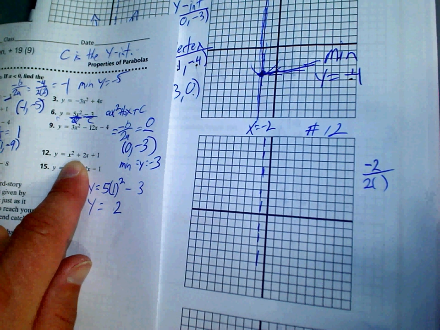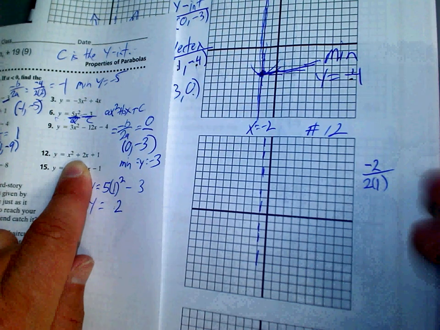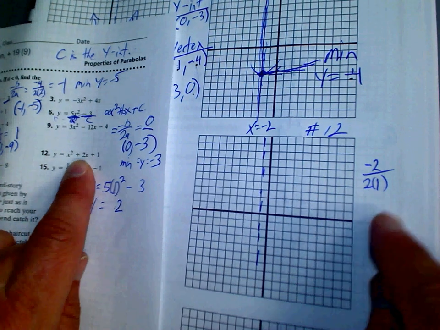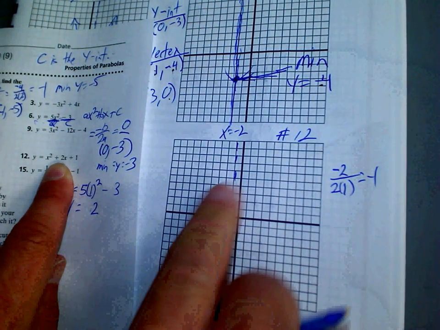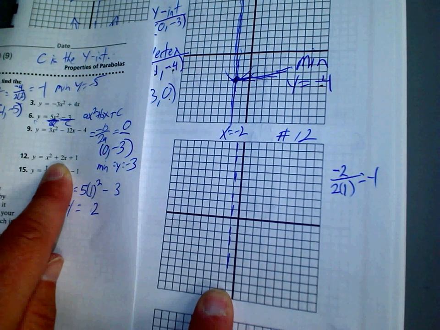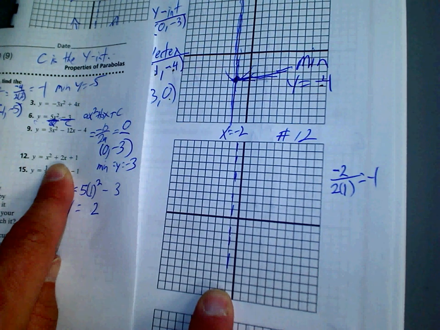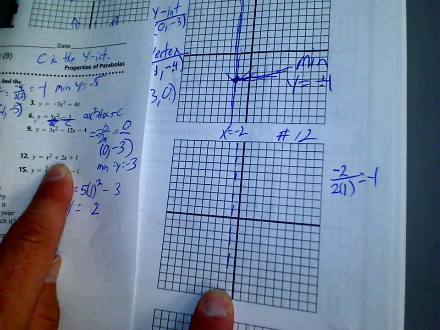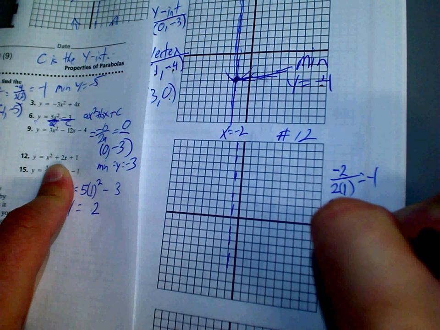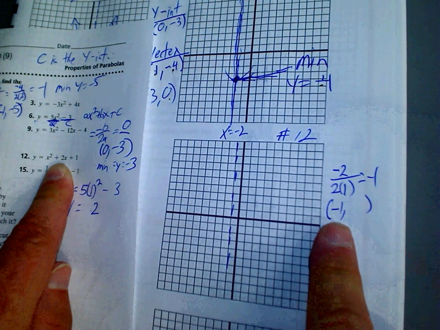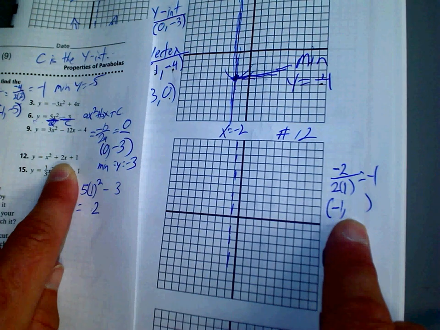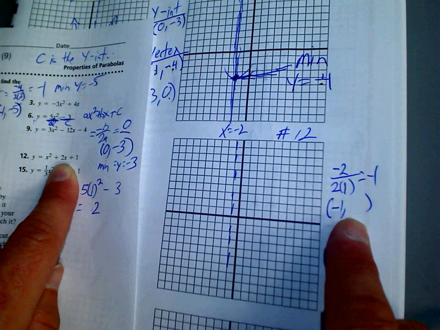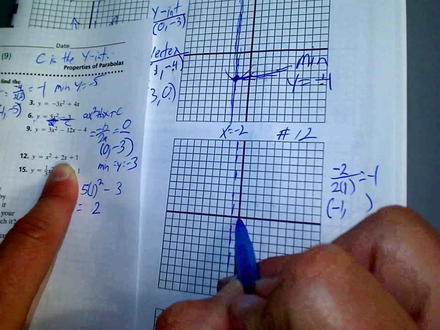Thank you. Negative b over 2a gives you -2 over 2, which is -1. That is your axis of symmetry. Is this making sense? All right, so what's the vertex? The x is -1. What's the y? Anybody? 0. Yeah. So this one just shifts back, sits right there.